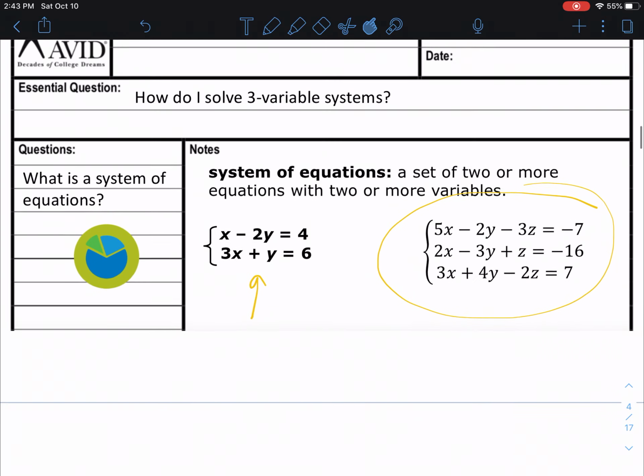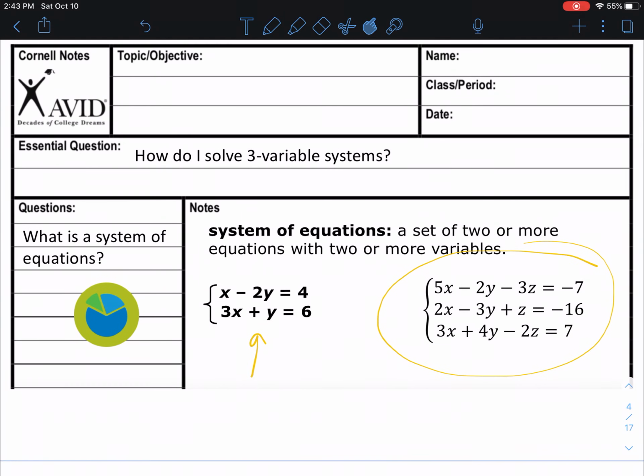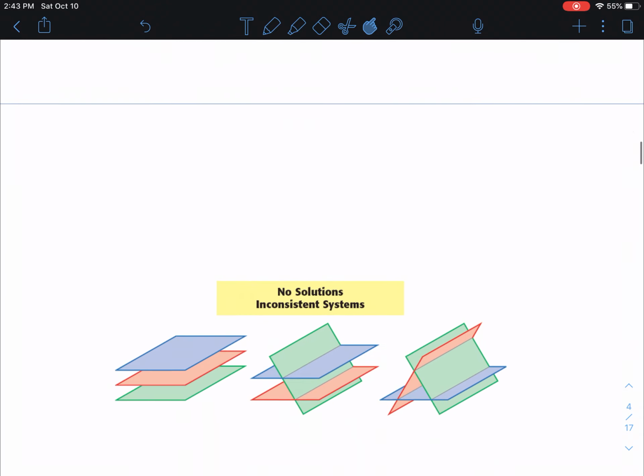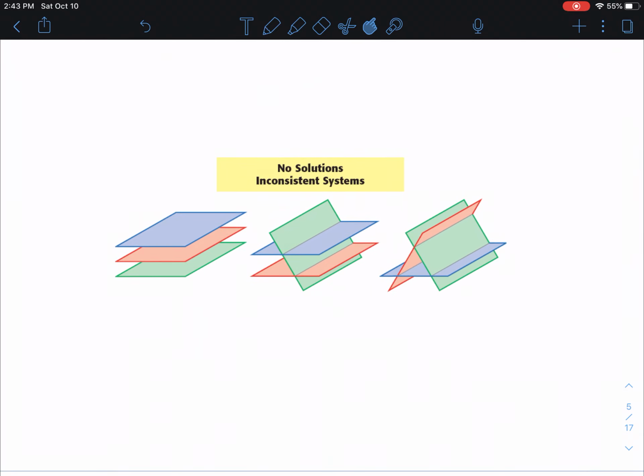So remember, when we look at these kinds of systems, each one of these equations represents a line. When we have a third variable, each one of these equations represents a plane. So visually, this is what we're looking at. We're looking for where they cross.